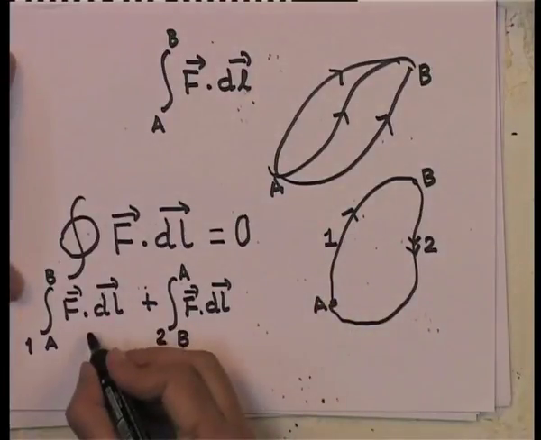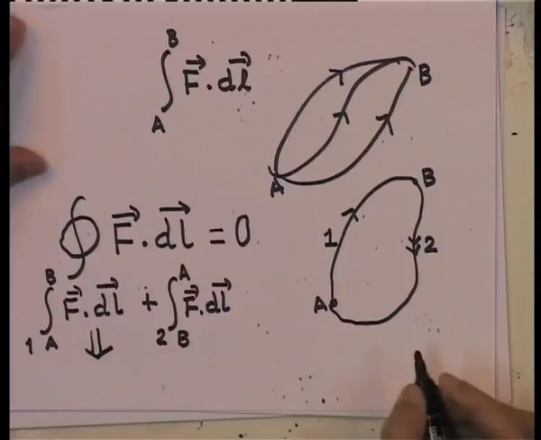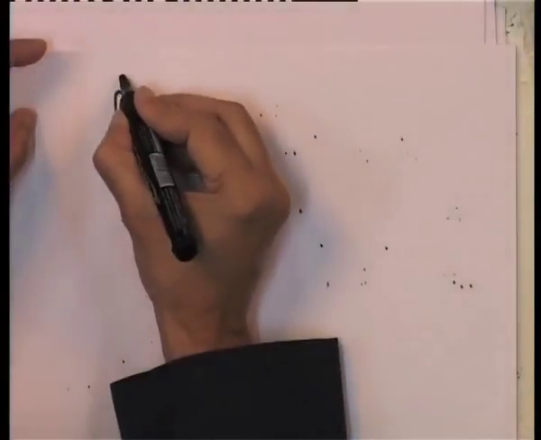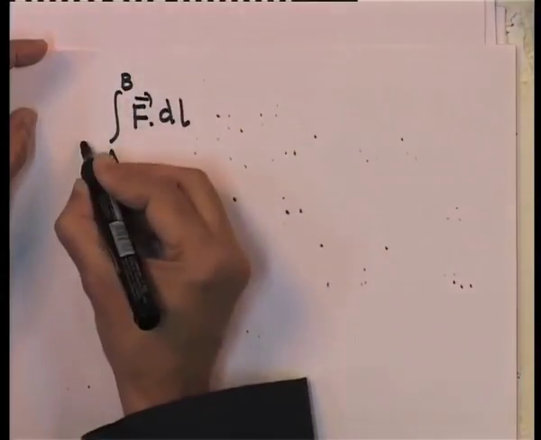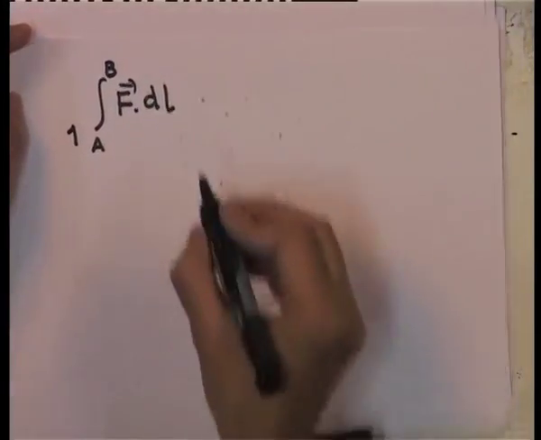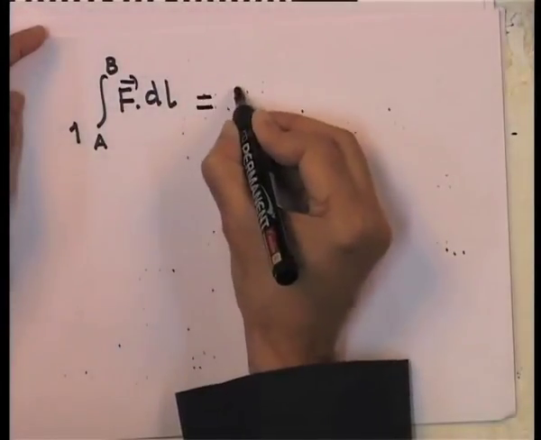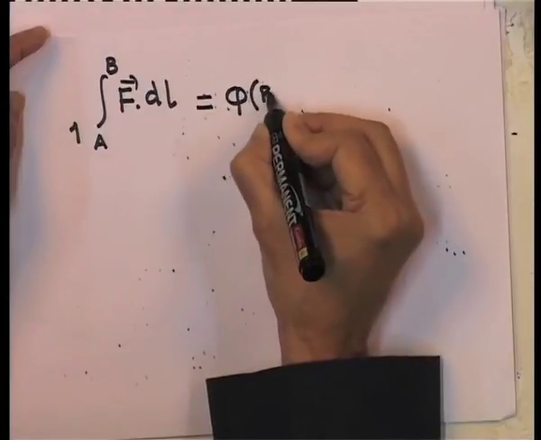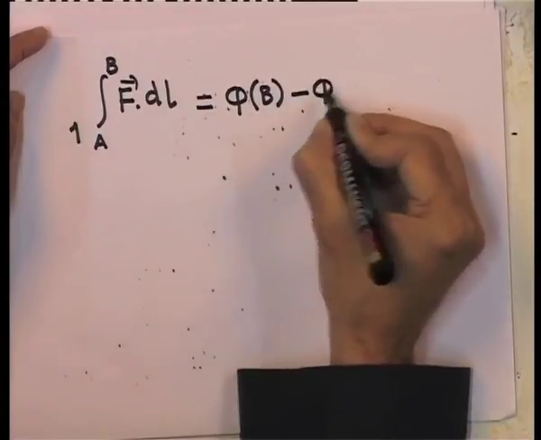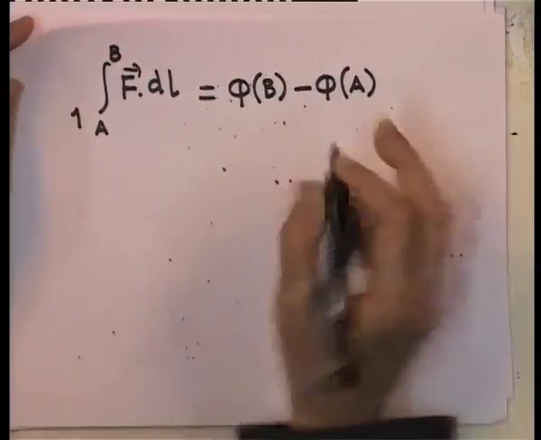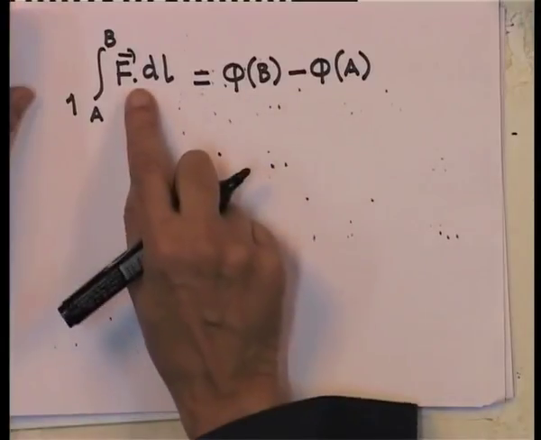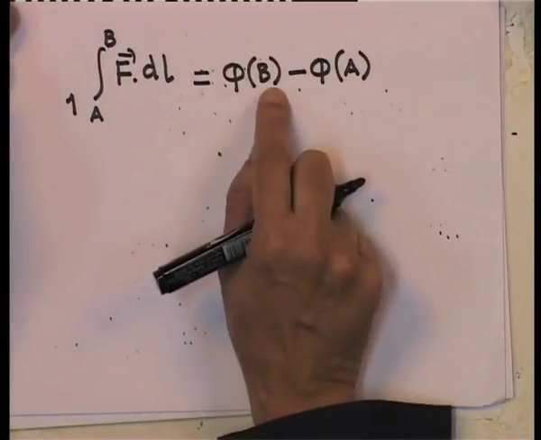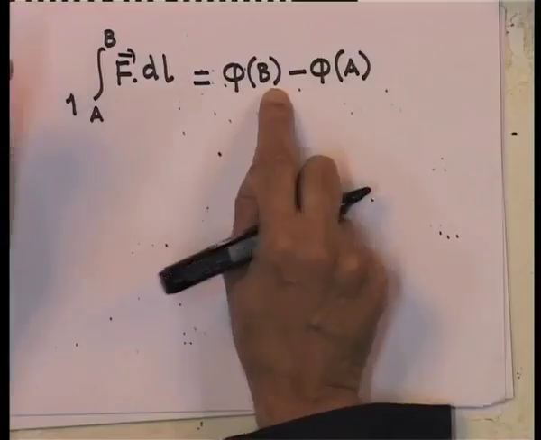So, in other words, this integral, A to B of f dot dl along path 1, can be written as something like phi B minus phi A. I just evaluate this and then subtract, the standard definite integral, result at B minus result at A.